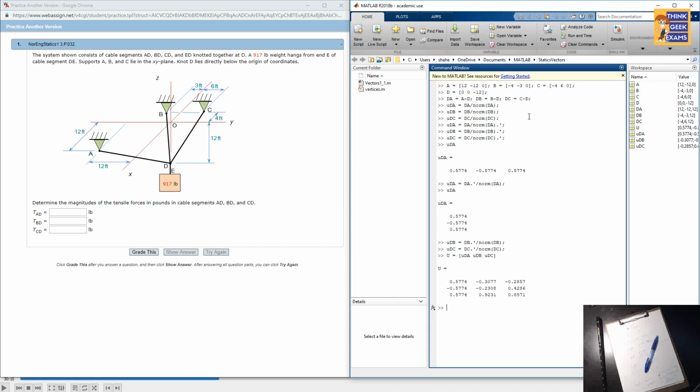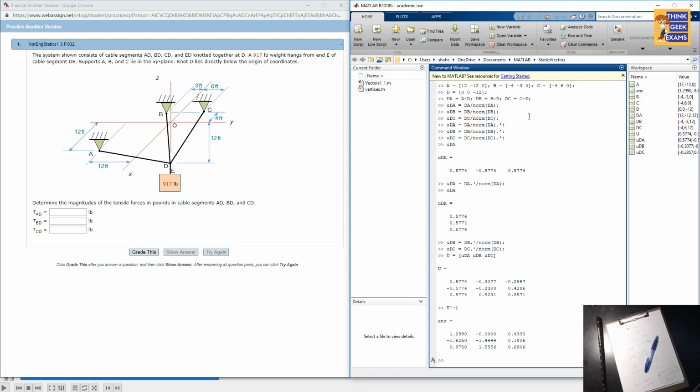Okay, so now that we have the unit vectors, I am going to create the T. Actually, let's make sure that U has an inverse, and it does, which is good.